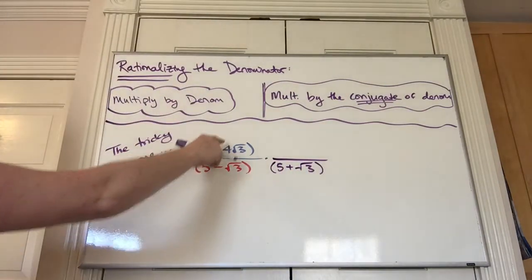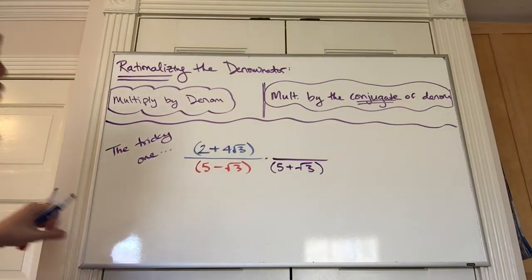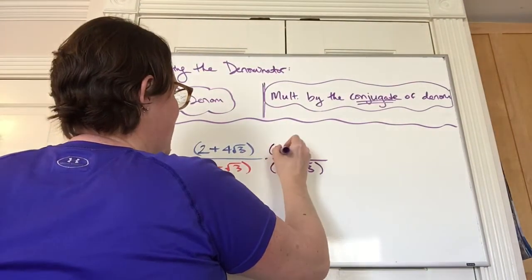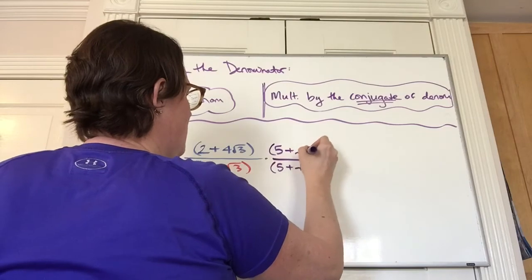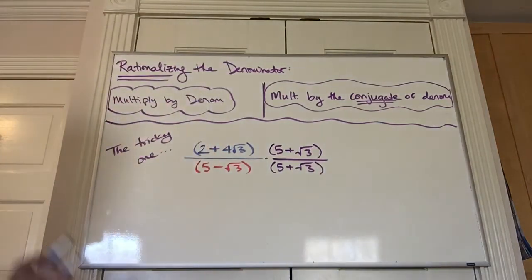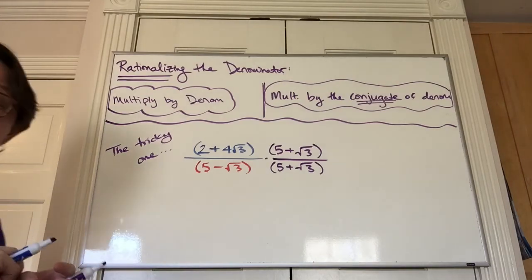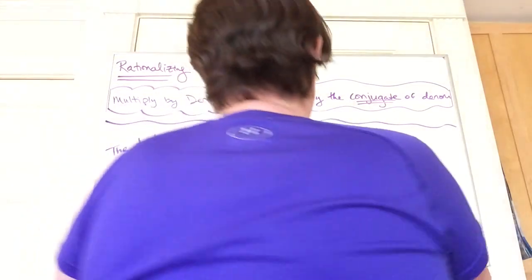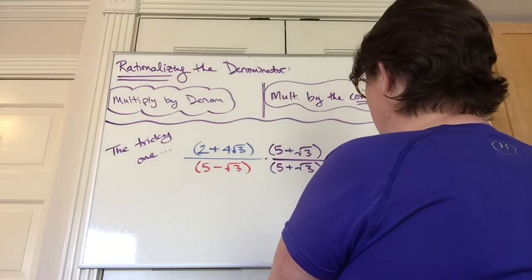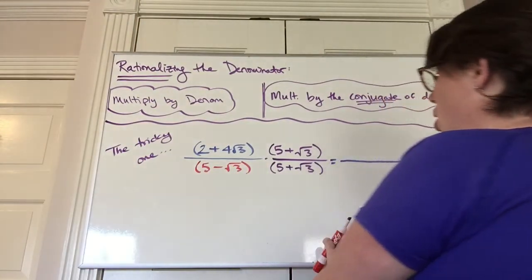Okay, should I multiply by the conjugate at the top? No. You do want to stick with multiplying by the conjugate of the denominator, and that's because I want to multiply by 1. In math, you are always allowed to multiply by 1. What makes this one hard is that both the top and the bottom are now foiling problems. So you might want to actually pause the video and really take your time with this. This is hard.